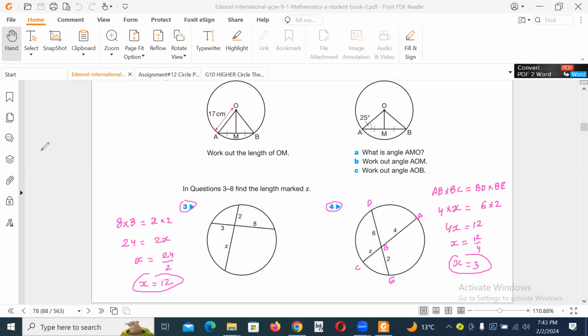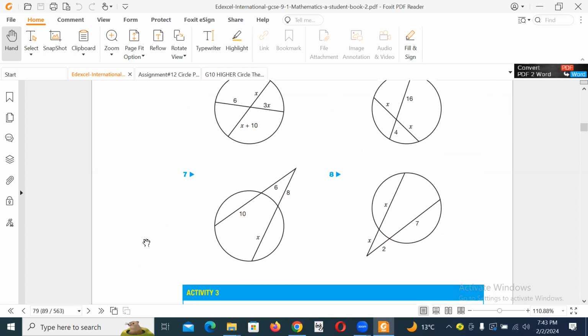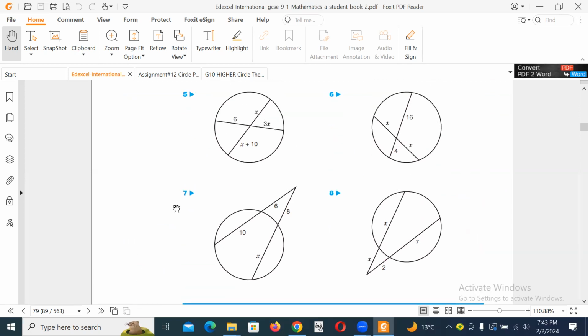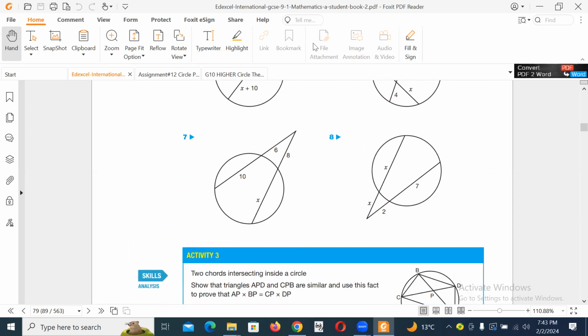So we move on. When two chords intersect outside, like question number 7. First of all, 5 and 6 have the same concept, so let's see 7 and 6 first. In 7, when two chords intersect outside of the circle, we take the full length first.